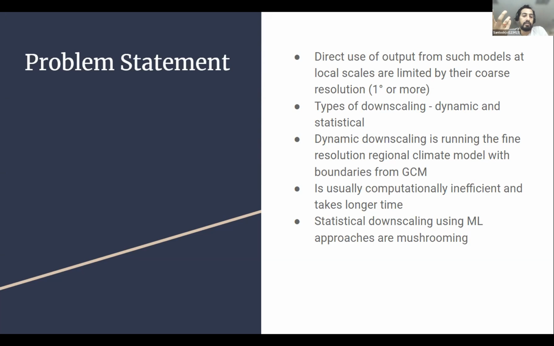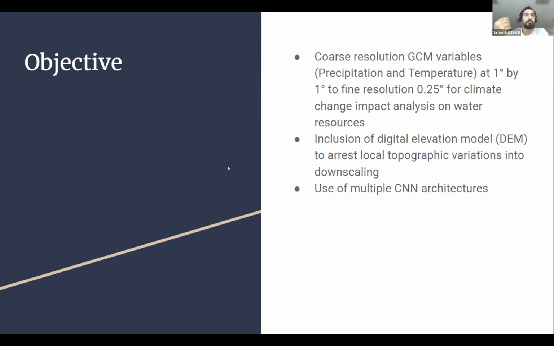It may take years to get those outputs. So the statistical downscaling approach is mushrooming these days, and lately the use of machine learning algorithms in the statistical downscaling has been adopted.